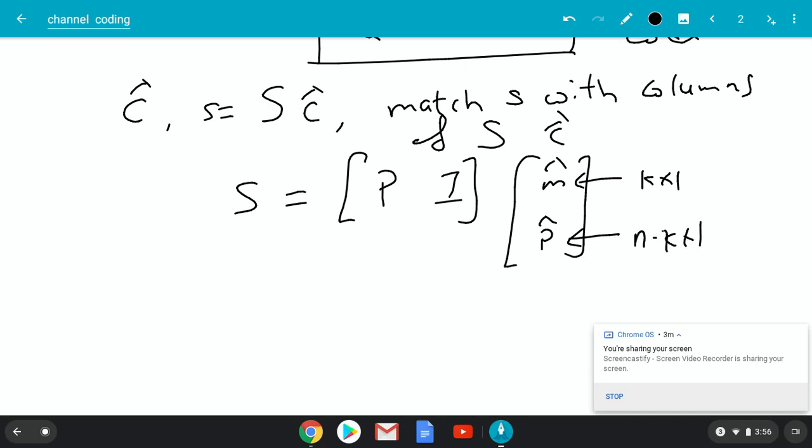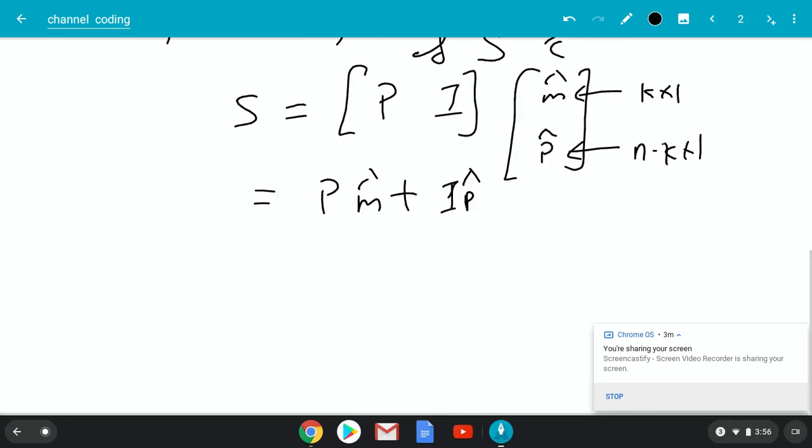The total length is n minus k plus k, which is n, so c hat would be the same length as c, the code word. So this means you get P times m hat plus I times p hat. And P is the parity generating matrix.